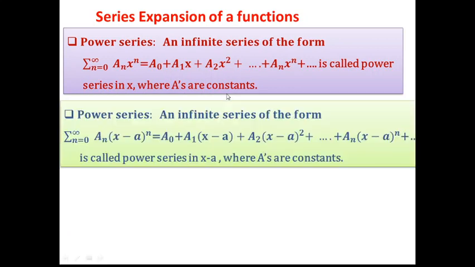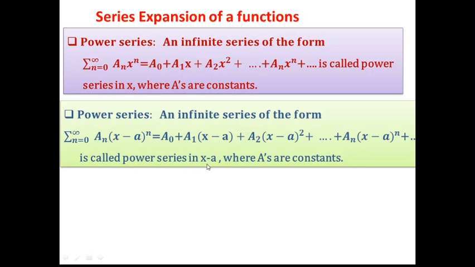Similarly, we have an infinite series of the form summation over n equal to 0 to infinity a_n (x minus a)^n, which is equal to a0 plus a1 (x minus a) plus a2 (x minus a) whole squared and so on, called a power series in x minus a, where the a_n are constants. Here you can find that we get powers of x minus a, hence it is called a power series in x minus a.